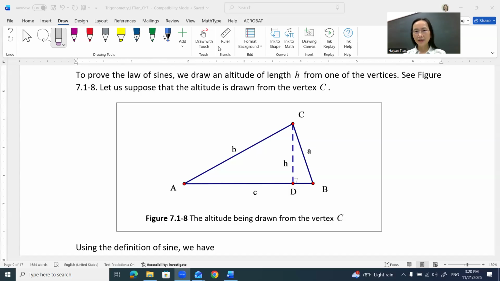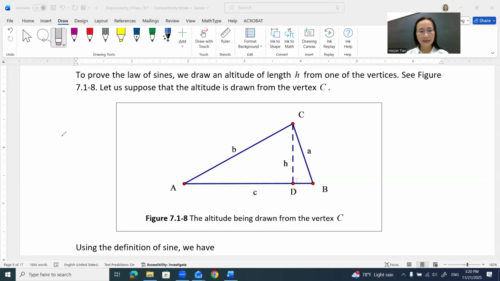Now for any triangle, if we know the base and height, we can calculate the area of the triangle. So let's look at, for example, this triangle. We immediately see the height, which is denoted by h, and the base, which is c.